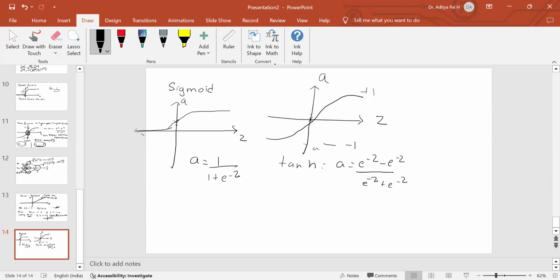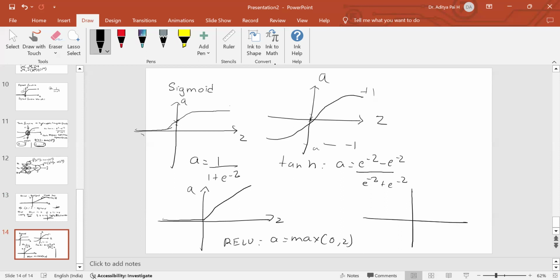ReLU is a sharp thing like this. The equation for ReLU is A is equal to max of 0 comma Z. And this is my leaky ReLU.